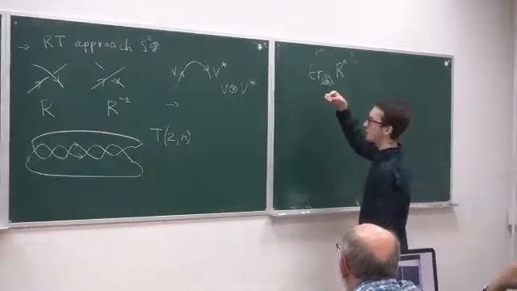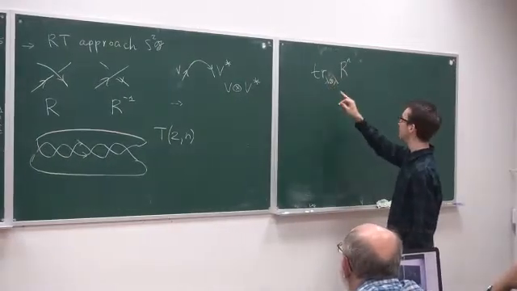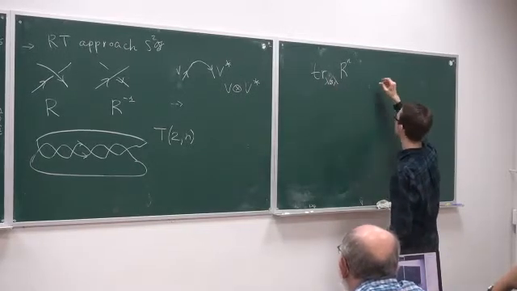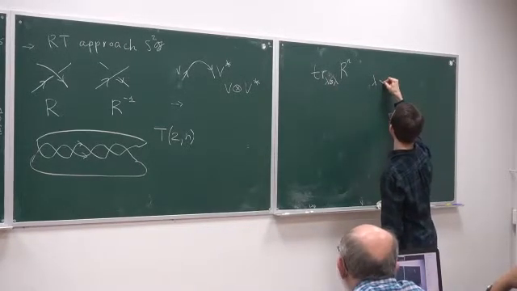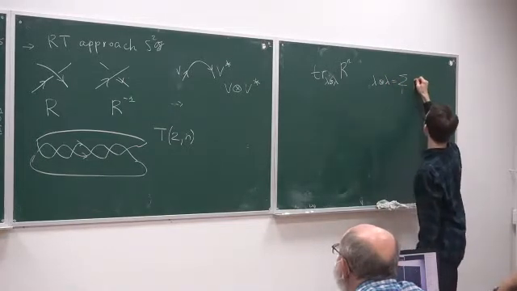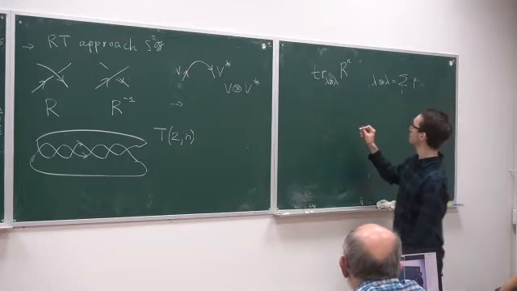And the R matrix is the intertwining operator for this representation. So we can decompose this as a sum of irreducible representations.